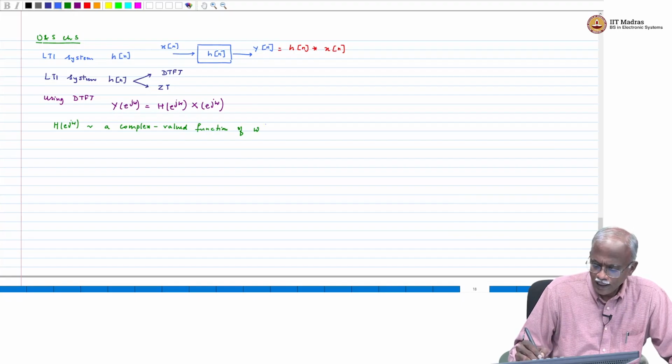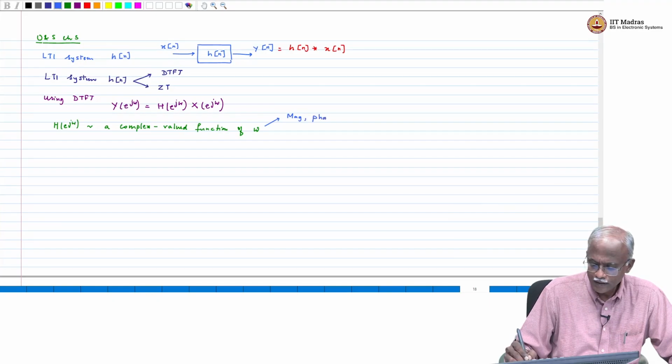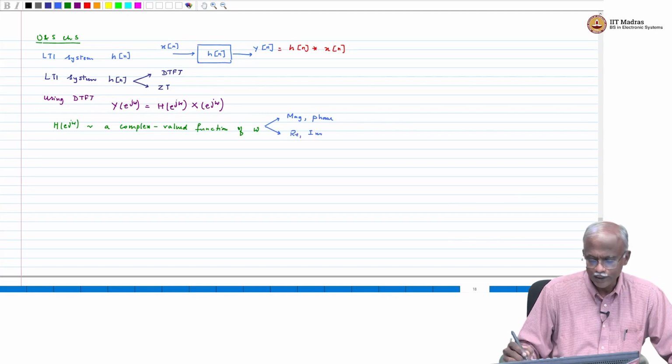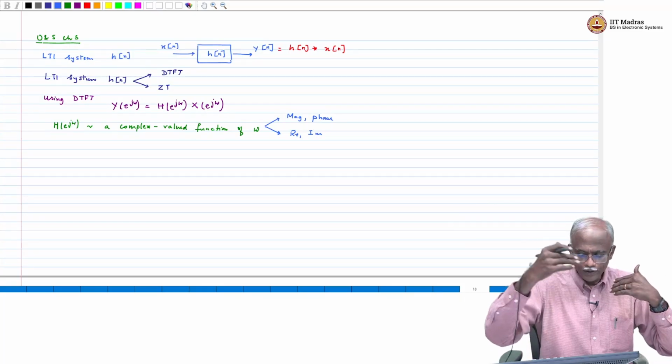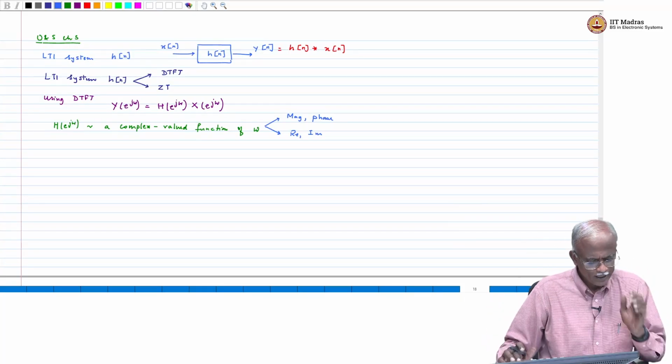Now this can be analyzed in terms of magnitude and phase, or in terms of the real part and imaginary part. H e of j omega is a complex quantity, so you deal with it in magnitude and phase or real part and imaginary part.